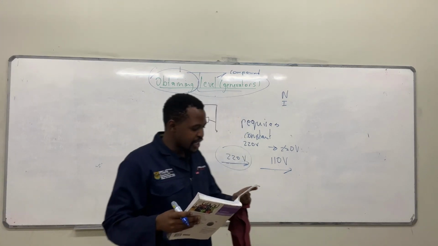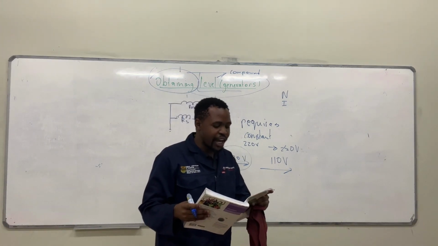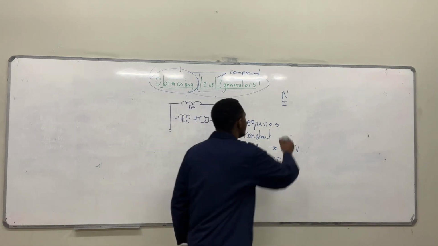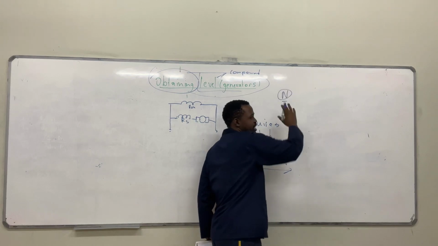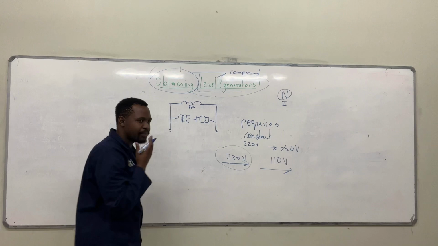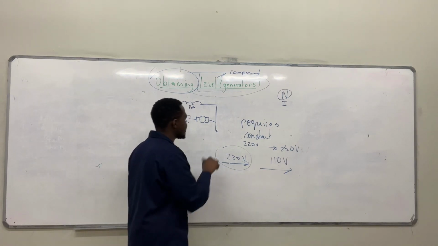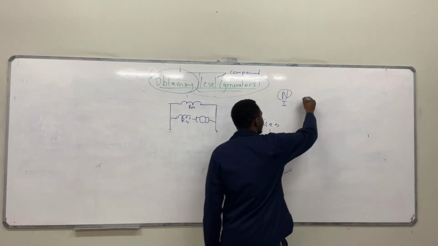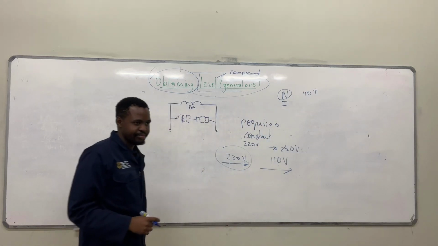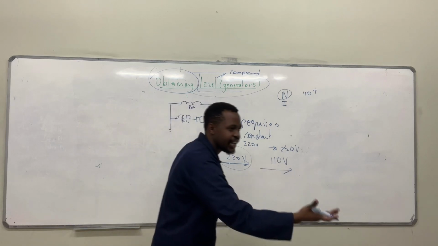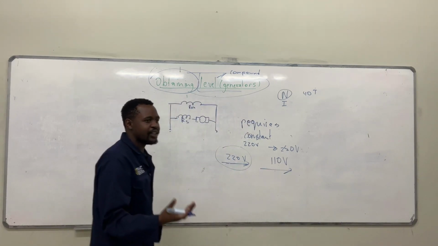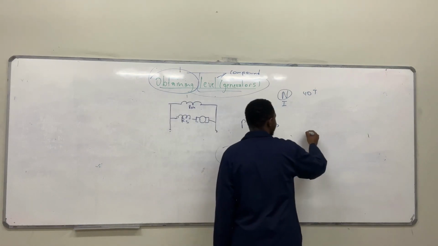Ithi ke ngoku, sometimes you can calculate and get turns, let's say for me to obtain level compounding ndidinga i-series field coil ena 40 turns. Okay, so ndiyahamba ndiyoyithenga, but sometimes you might find that unayo i-series field coil qha ine-turns ezingaphi?